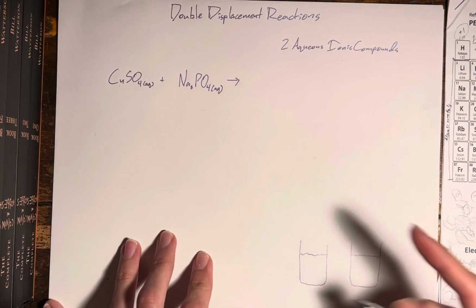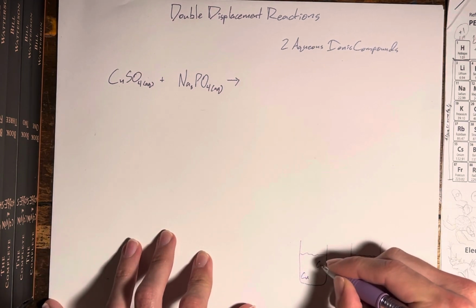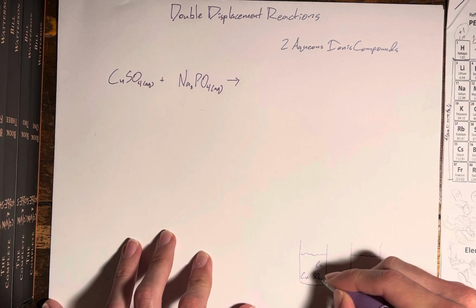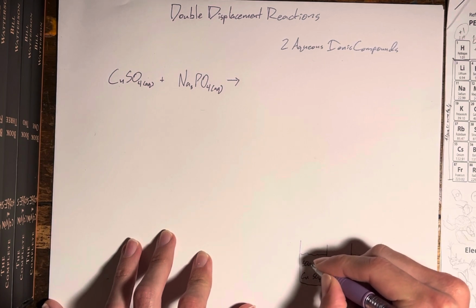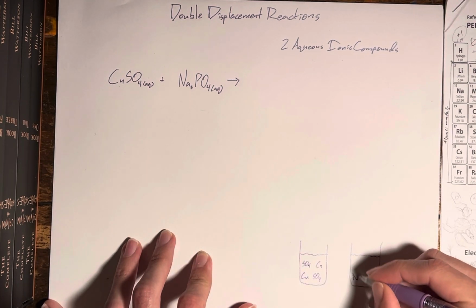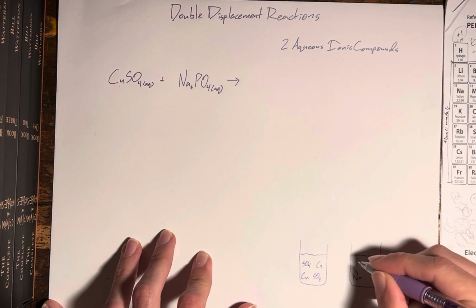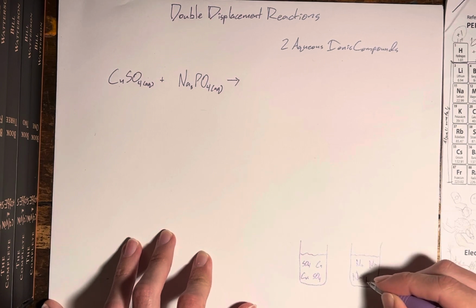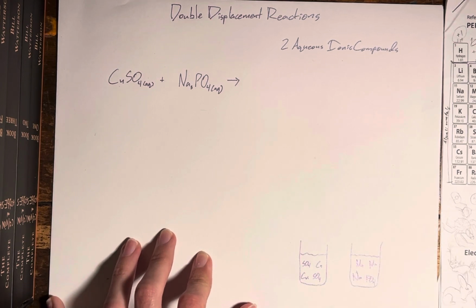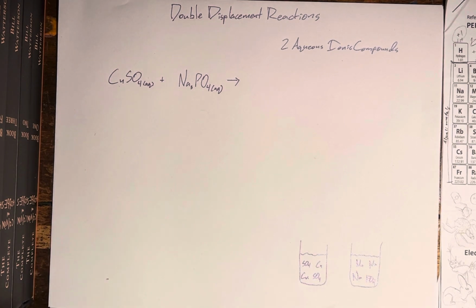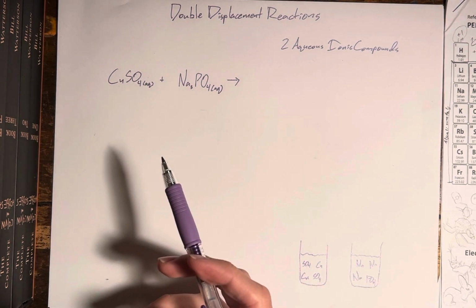So in this beaker, we have a bunch of free-floating coppers and a bunch of free-floating SO4s. And then over here, we got a bunch of free-floating sodiums and some free-floating PO4s, phosphates. This is because water is polar, I think. I'm not sure, but they're dissolved.